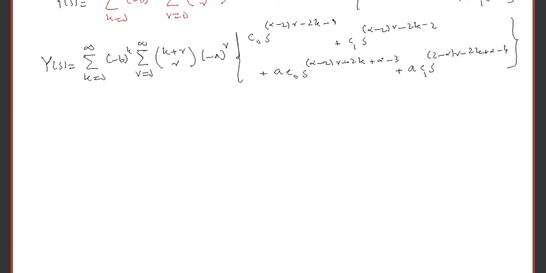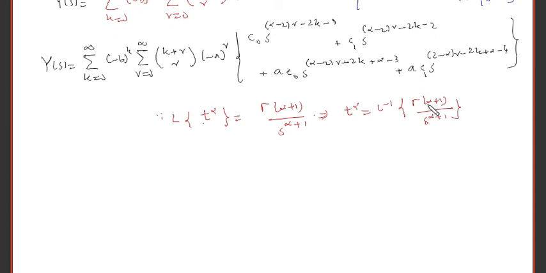Now I need to apply the inverse Laplace on both sides, using the formula for inverse transform. We know that the Laplace transform of t to the power alpha is gamma of alpha plus 1 over s to the power alpha plus 1, which means t to the alpha is the inverse Laplace transform of gamma alpha plus 1 over s to the power alpha plus 1.